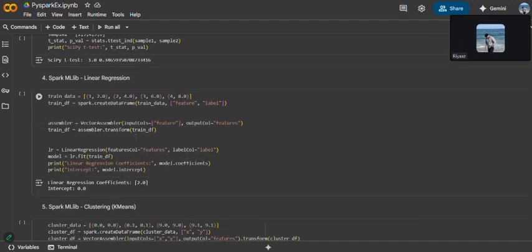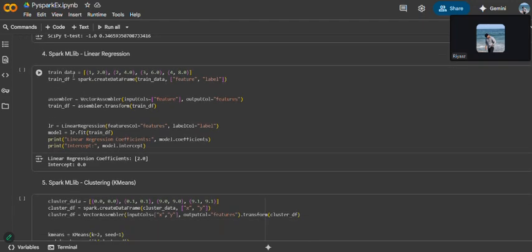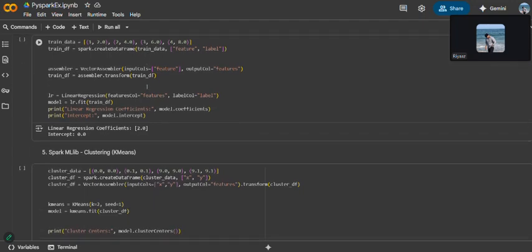Now we are going to see about linear regression. Basically, linear regression uses y equal to mx plus c to find the best fit for the data. It is used to predict continuous values. Now we are giving the train data as 1, 2.0, 2, 4.0, and so on.